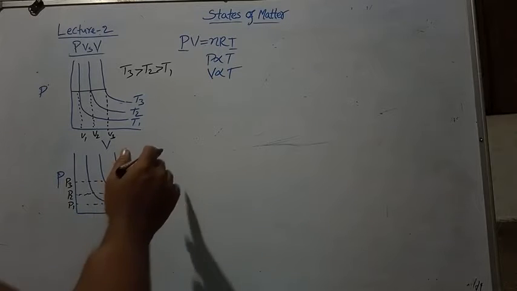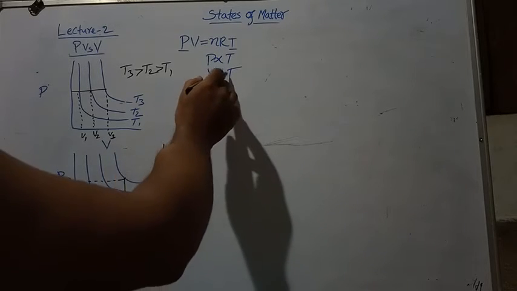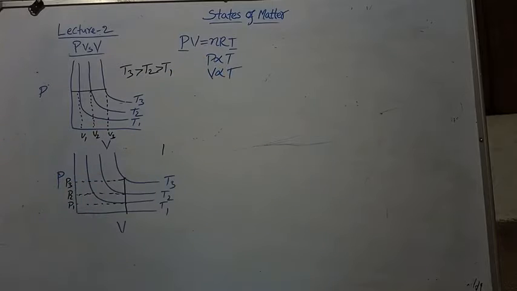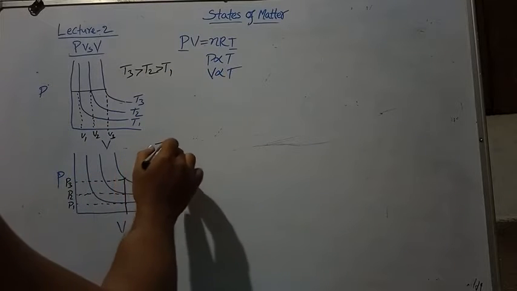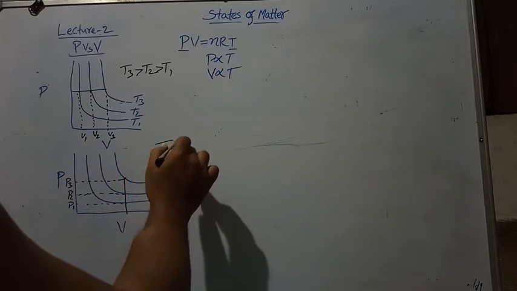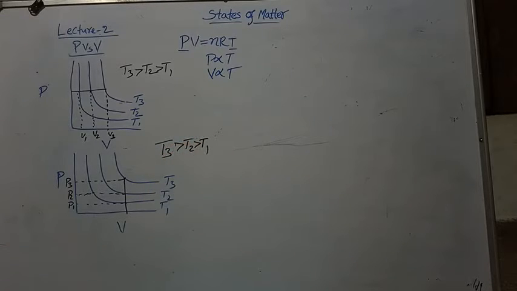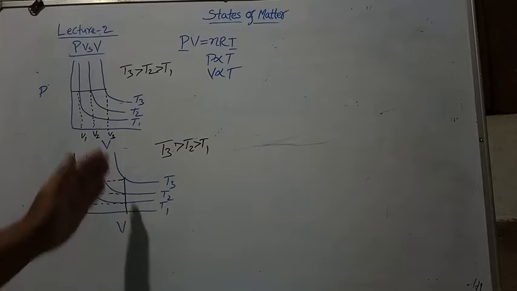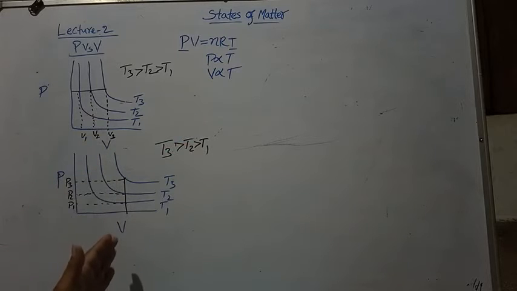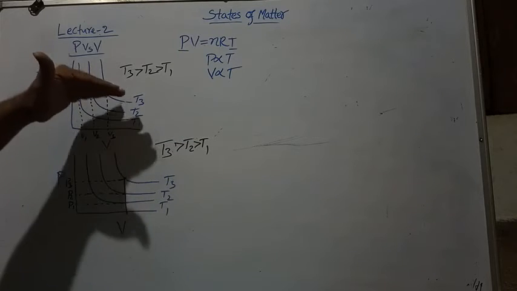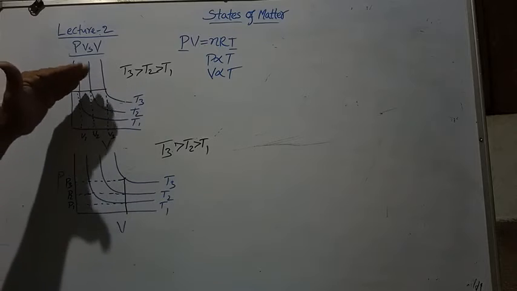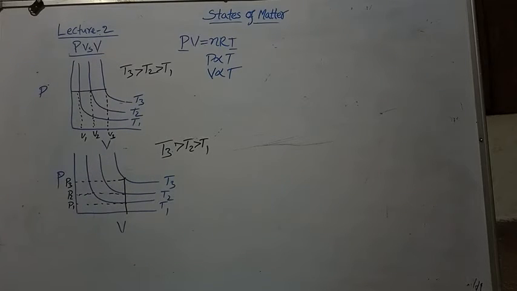So we conclude that T3 is greater than T2 greater than T1. You can take either this term constant or that term constant, and find the relation.